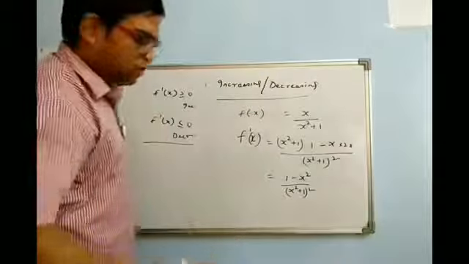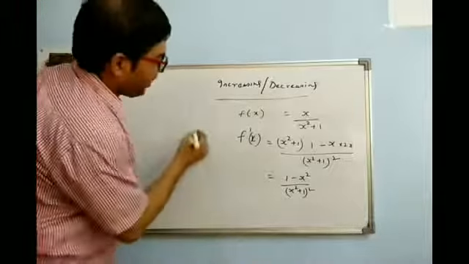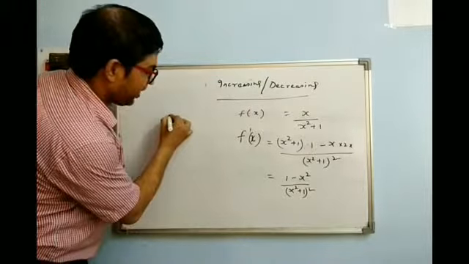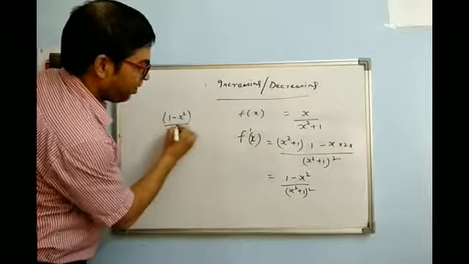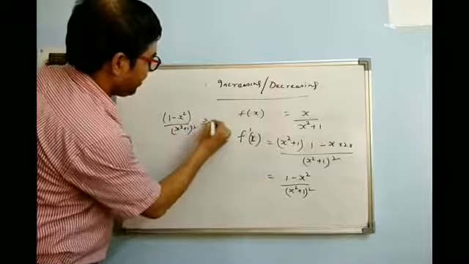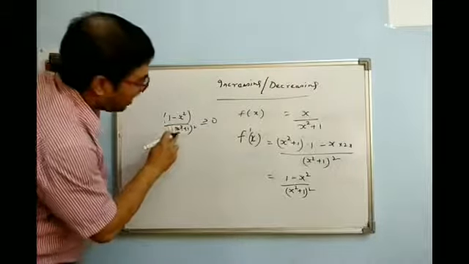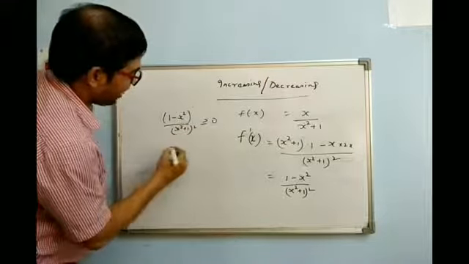To check the interval where the function is increasing, 1 minus x square by x square plus 1 whole square should be greater than or equal to 0. The denominator can be neglected. Why? Because the square of a number is positive and a positive thing can be neglected.